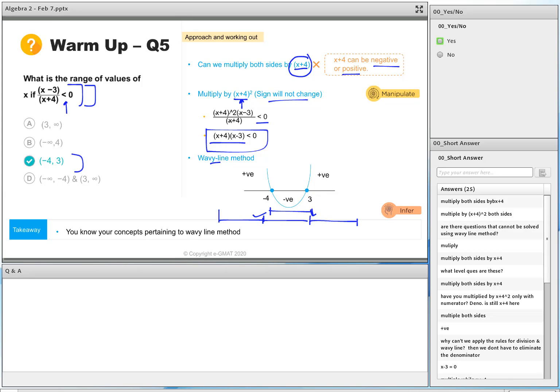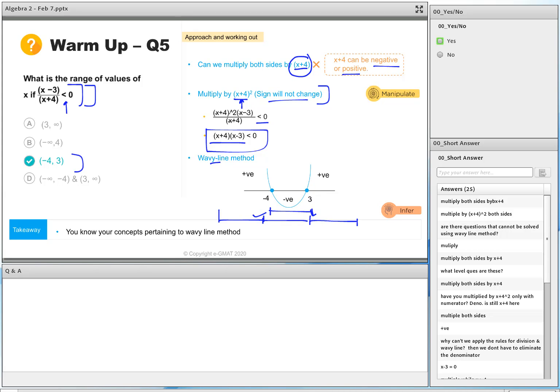I hope with this, the solution and the understanding of why I multiply this entire inequality with x plus 4 whole square is clear to all of you. But again, if you want to become very fast in solving these questions, please understand how to use the wavy line technique. I had shared the link with all of you. Use that link, understand how to do questions.